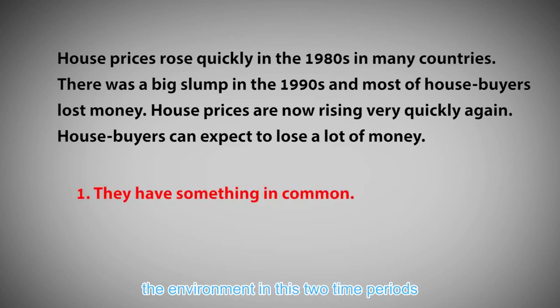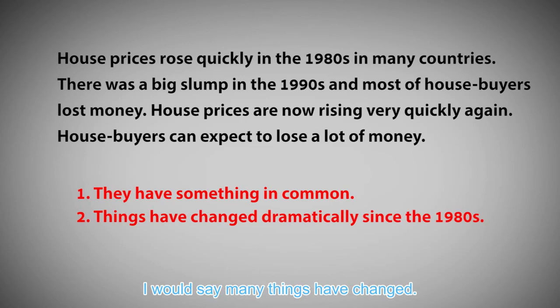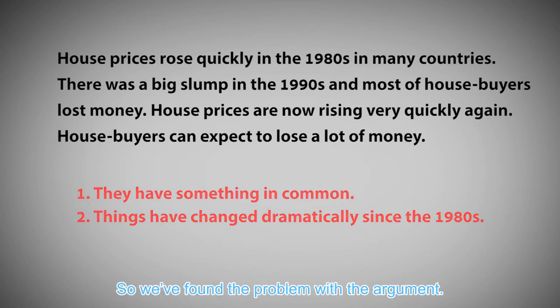Of course, the environment in these two time periods truly have something in common. So we move on to the second question. Do they share a number of similarities or do they have just a few similarities? I would say many things have changed. So we found the problem with the argument.